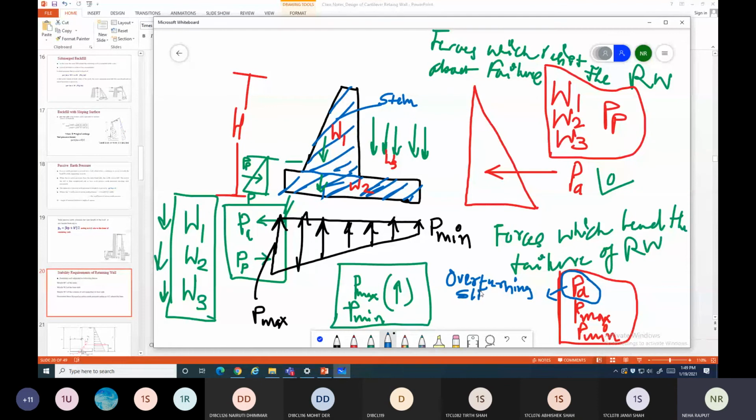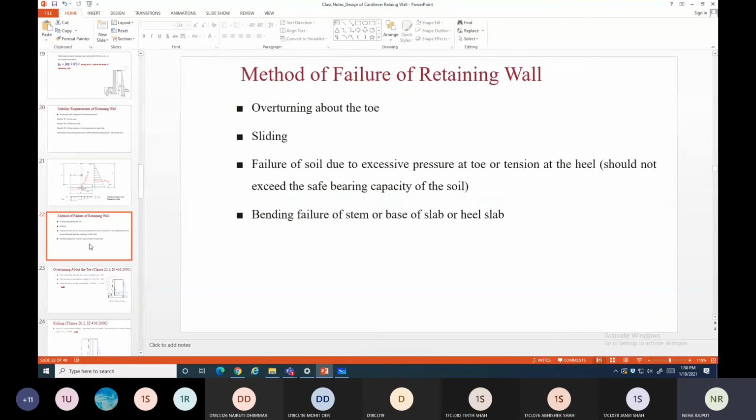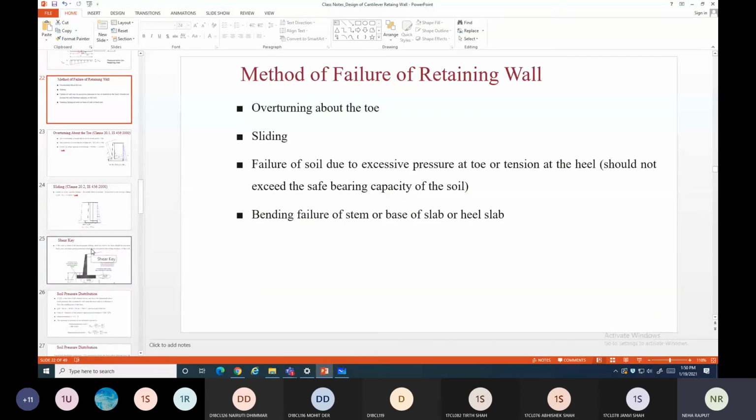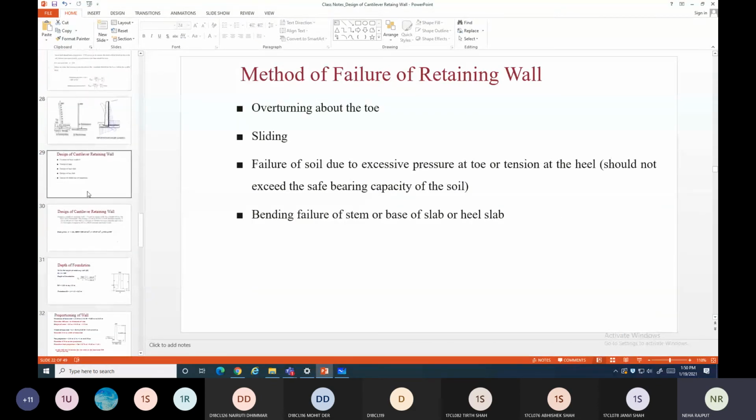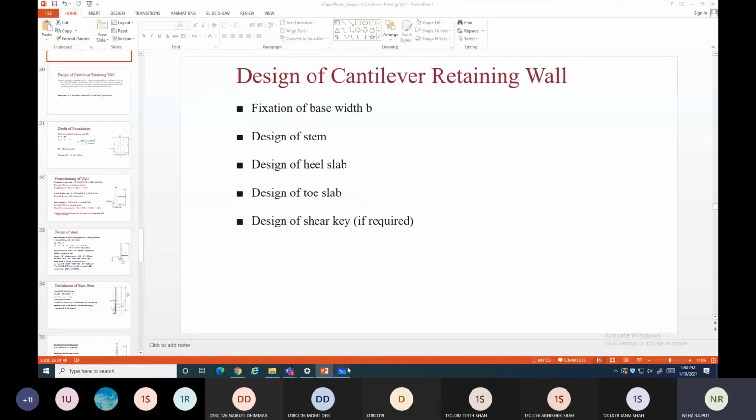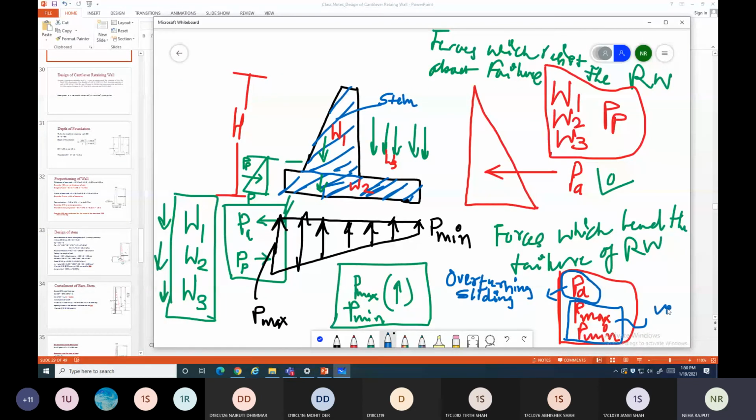and sliding. These are the two type of failure in retaining wall. One is the overturning failure and second one is the sliding. And due to this P maximum and P minimum, this will give the failure due to upliftment.